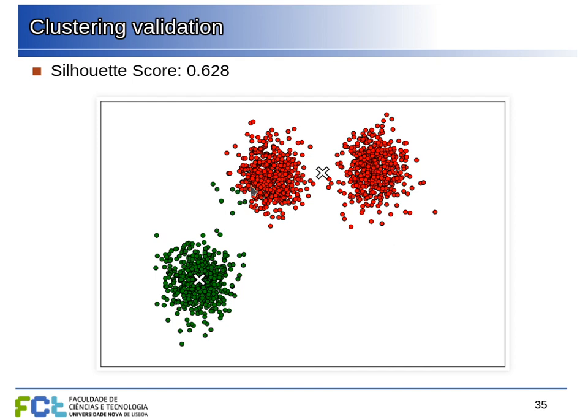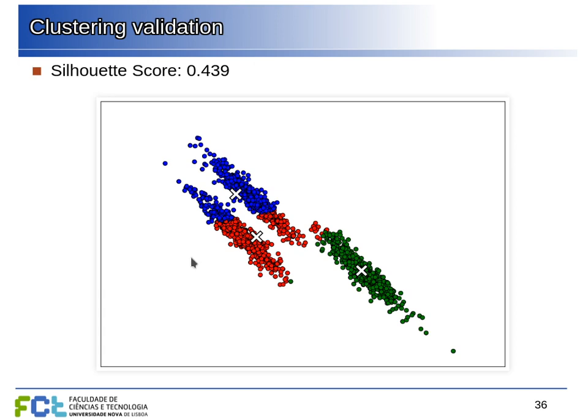So there are some points here which are pulling down the average of the silhouette score. And this also doesn't work well if we don't have globular clusters. For example, in this case, we also have a low silhouette score because these clusters are not very good.